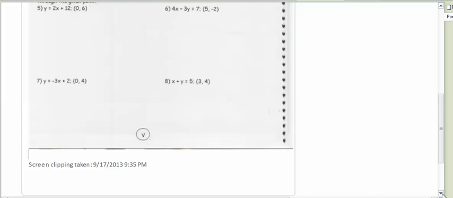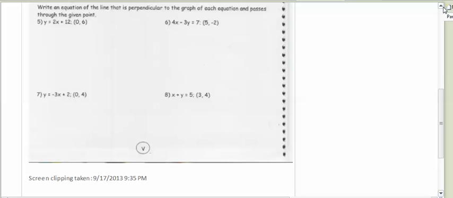Okay, so now we have perpendicular lines, and if you remember, perpendicular lines, sorry about that. Okay, perpendicular lines have what kind of slope? They're flipped over with the opposite sign. So if we look at number 5, our slope here, it's in slope-intercept form, is 2. My b is 12. Okay, I'm not going to use the same slope.